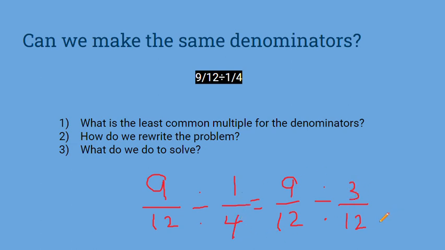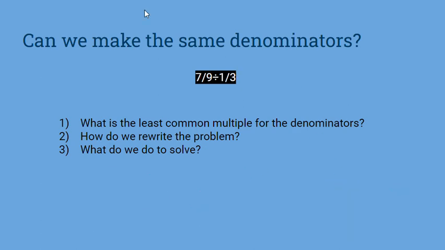Multiply both of those by 3 to make our new one 3/12. So now I'm really thinking about just forgetting the denominator part, since those are the same now. 9 divided by 3, which gets me 3. So as long as I can make my denominators the same, then I can just worry about dividing the numerators.